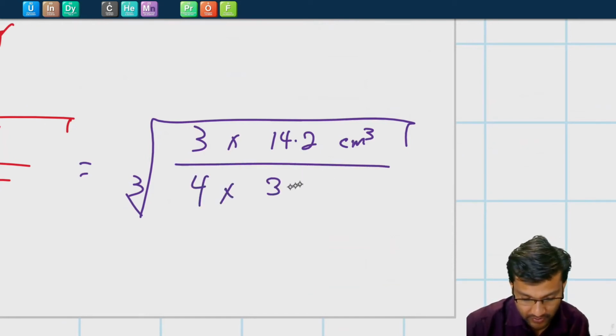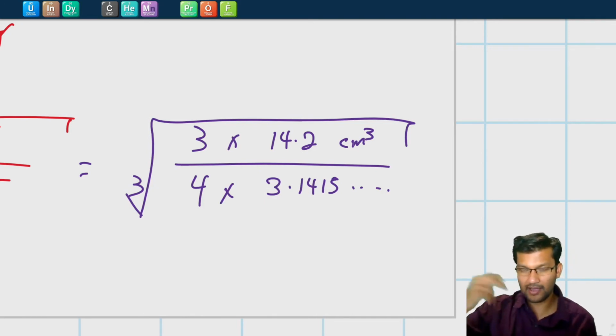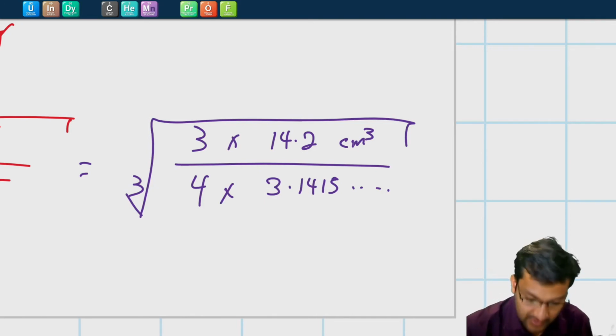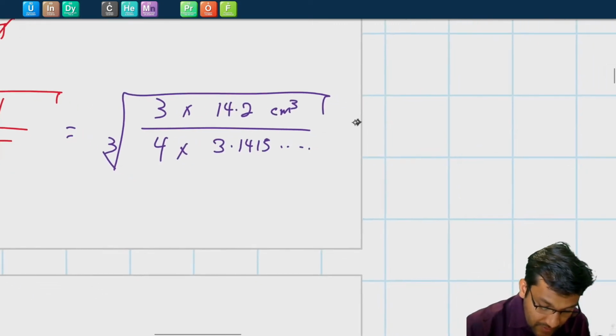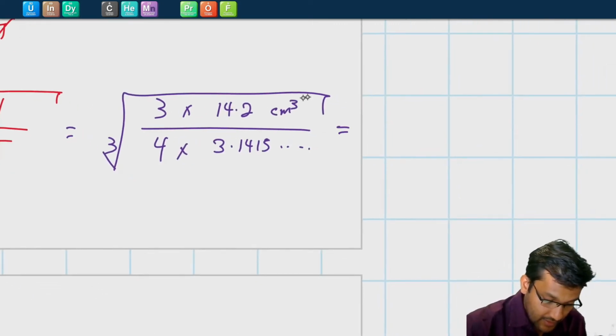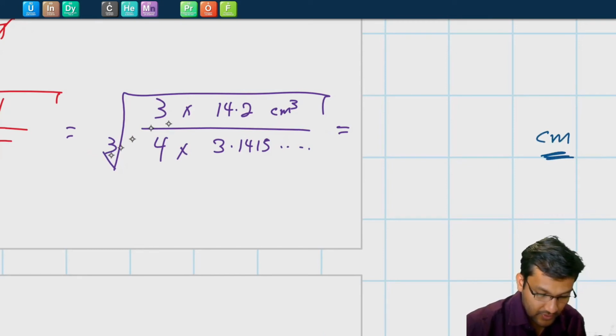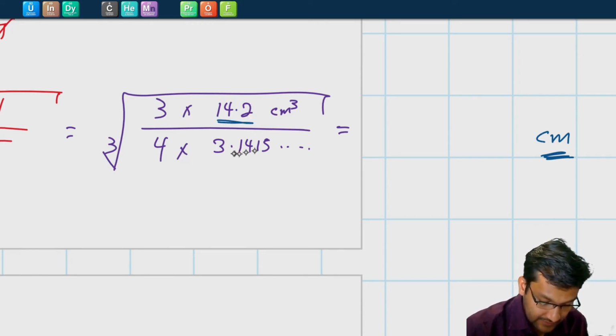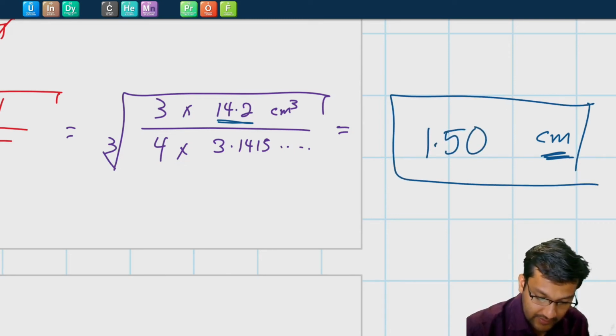Pi is just 3.1415 and so on. If your calculator has a pi symbol, just use that. But if you plug all of these into a calculator, the cube root of centimeters cubed, the units should just be centimeters, right? Cube root of cm cubed is just cm. These numbers plugged into our calculator, to 3 sig figs, gives us 1.50 centimeters for the radius.